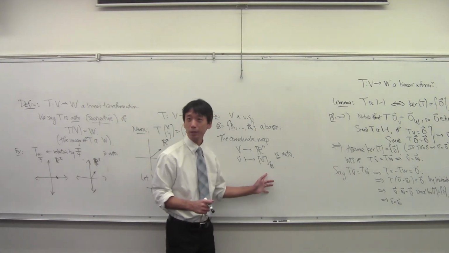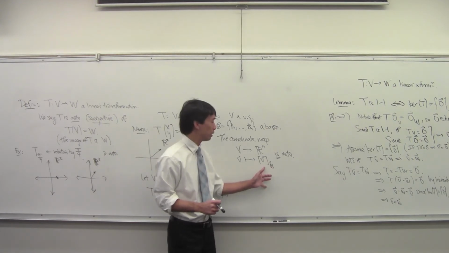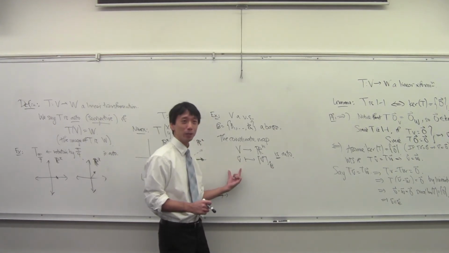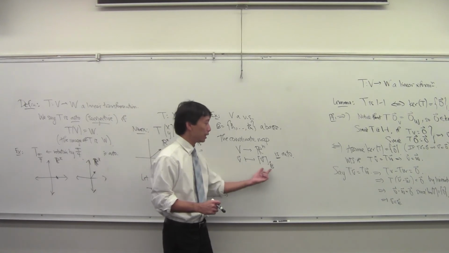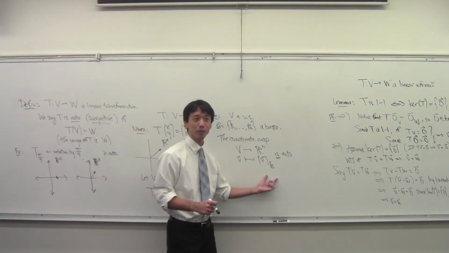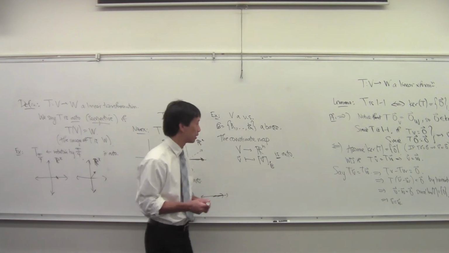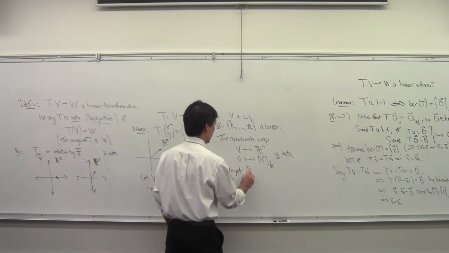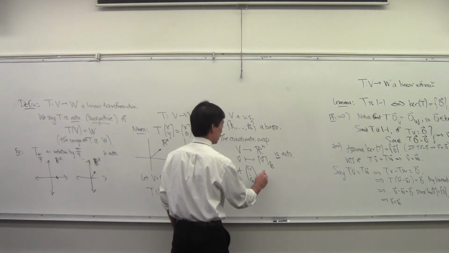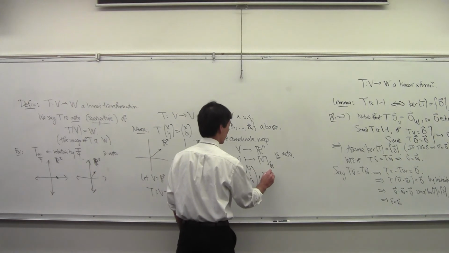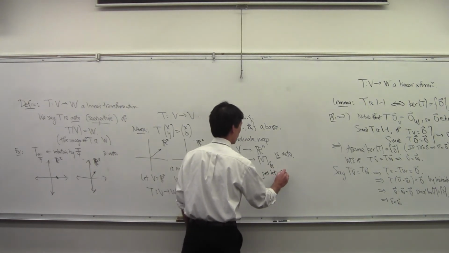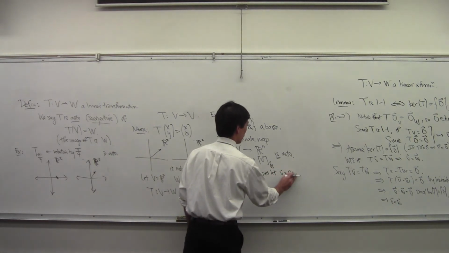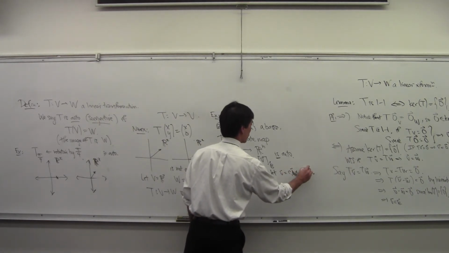Is that clear? Any set of coordinates in Rn, I just make their linear combination over here, and that's the thing that has that coordinate vector. So to get c1 to cn, just let v be c1 v1 plus through cn vn.